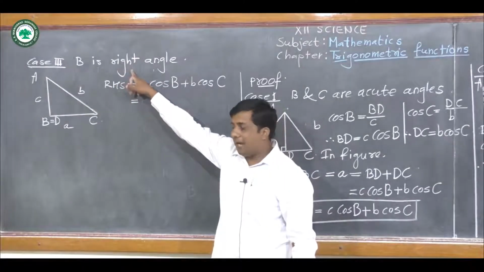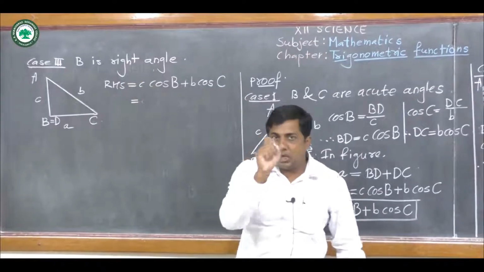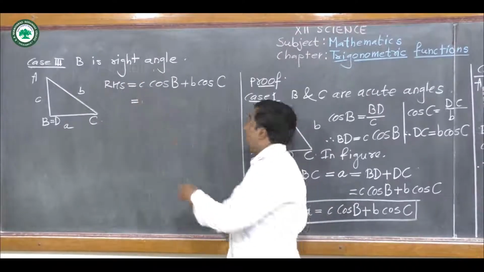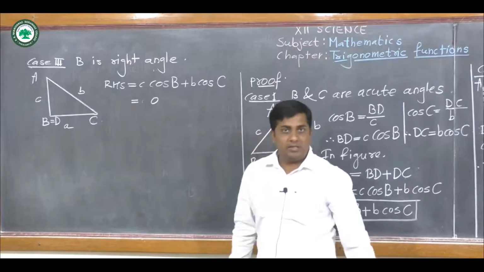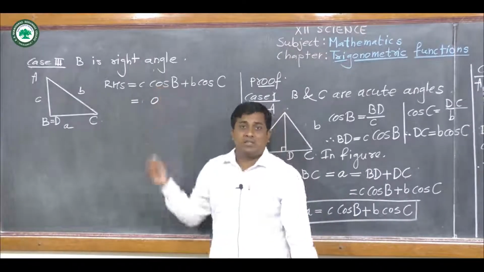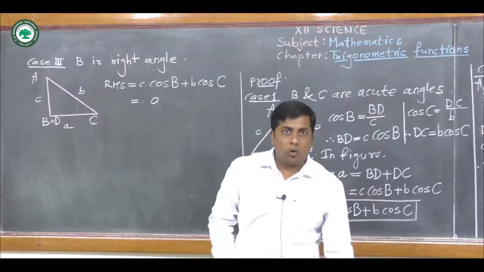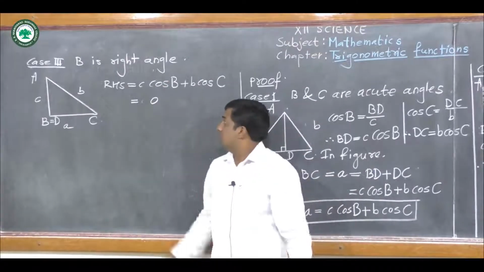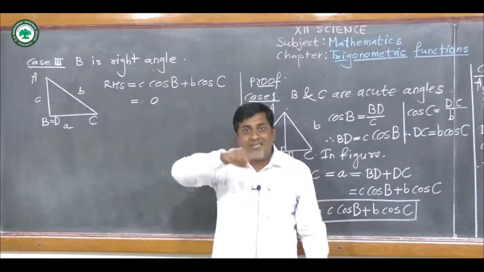B is a right angle. If B is a right angle, then c cos B is 0, because cos of 90 degrees is 0. So c cos B is 0.